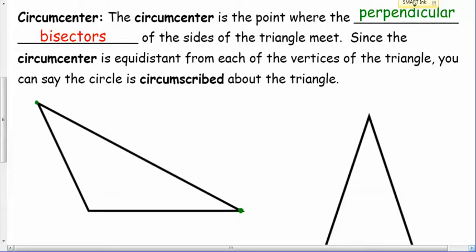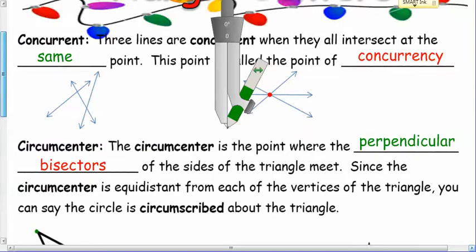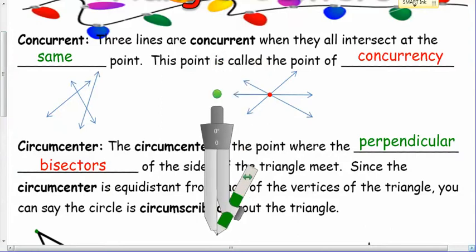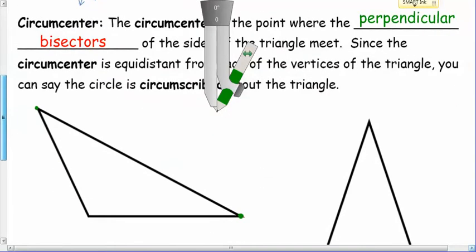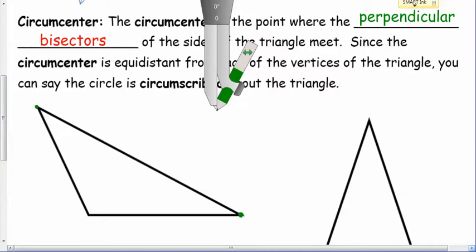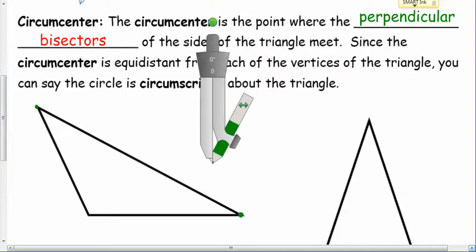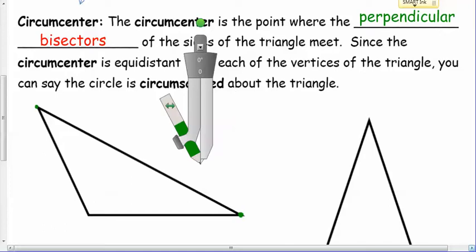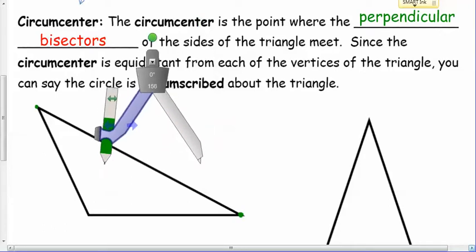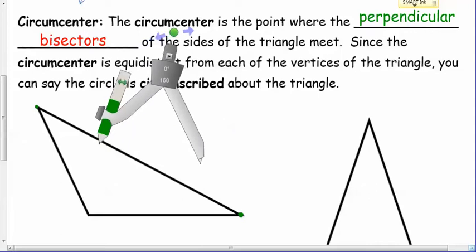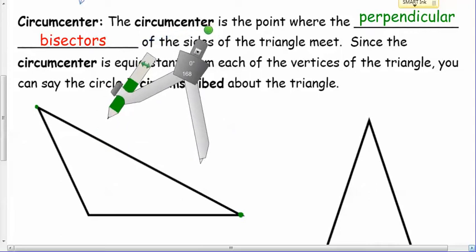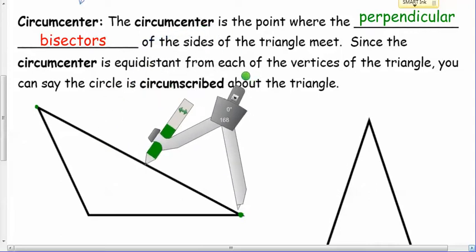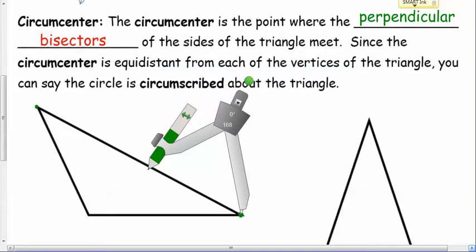You guys are probably going to use your orange compasses to do that, but because I'm working on the computer, I get to use this. So grab your orange compass and construct the perpendicular bisector of one of the sides. You can do the same side I'm doing for now, or you can pick a different side. Make sure you remember to go out past halfway when you do the fish construction, whatever you want to call it.